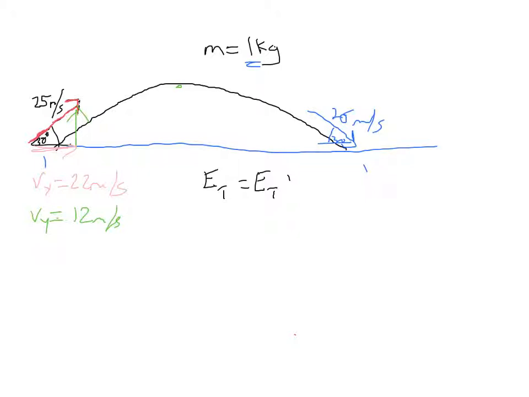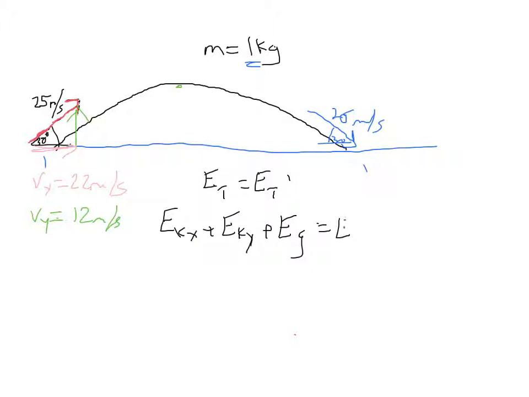All the energy in the beginning would be my kinetic energy in the x component plus kinetic energy in the y component plus gravitational potential energy in my initial position. I'm going to break it down into x and y, and you'll see why in a second. And that's got to equal all the energy at the very top here as it's conserved.